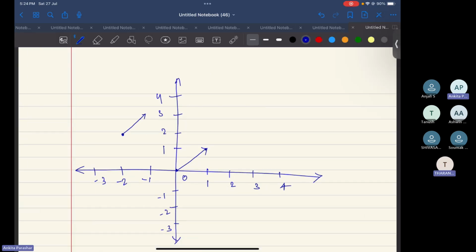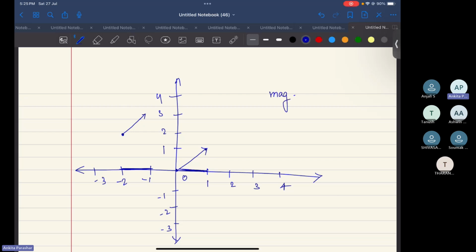Both have the same magnitude and direction, right? And what is the magnitude? All of you agree that the magnitude is 1? So what is the distance they are covering? They are only covering 1 unit, right?